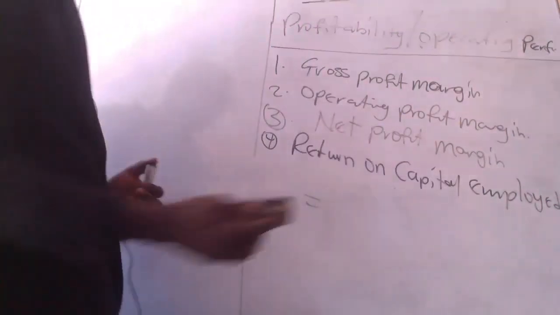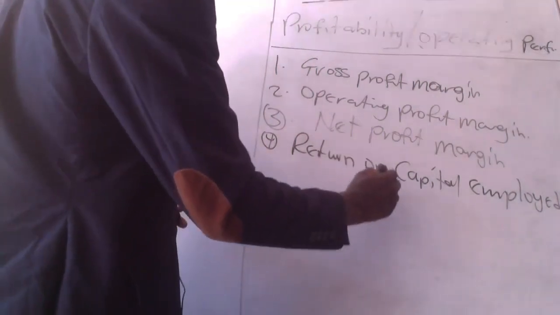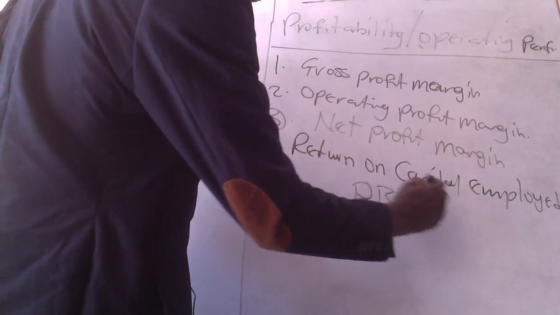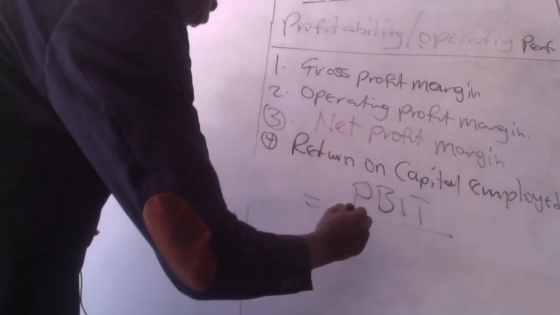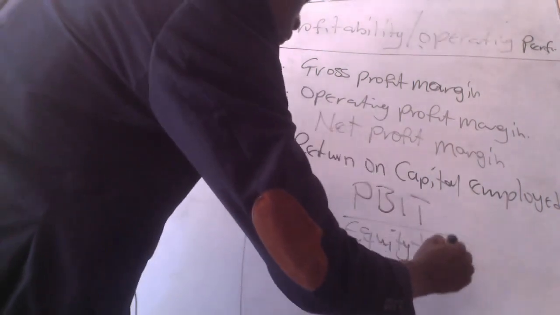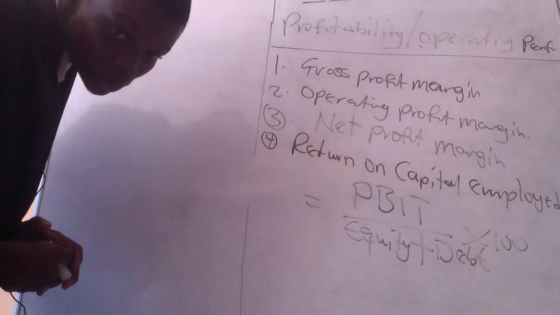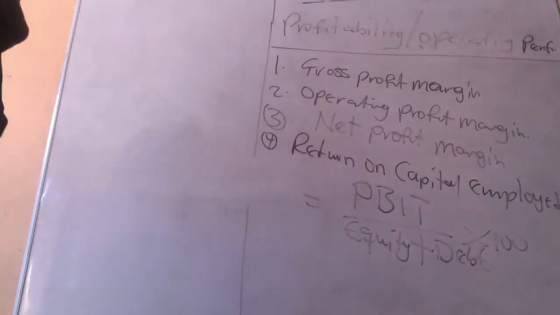So I have to change the formula slightly: the return will be the profit before interest and tax, all over the capital employed, that's equity plus debt, the non-current liability, times 100.